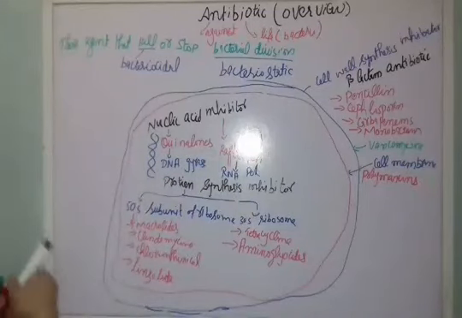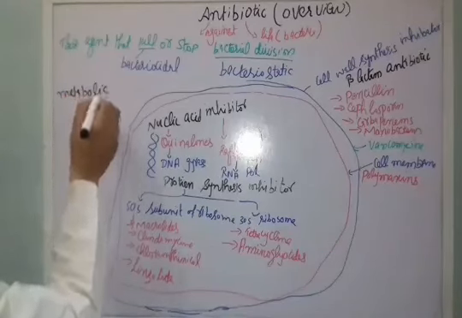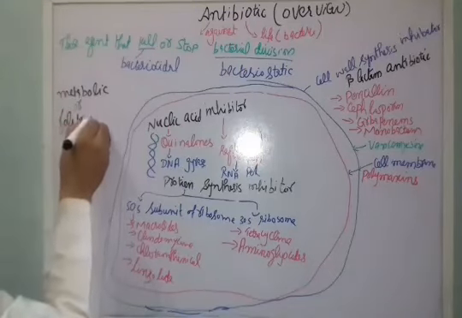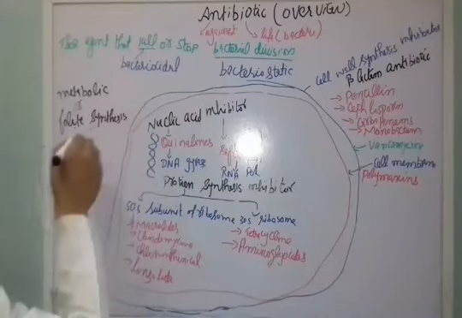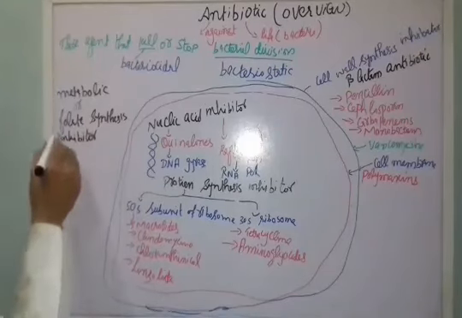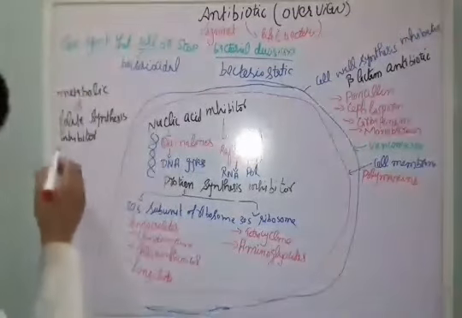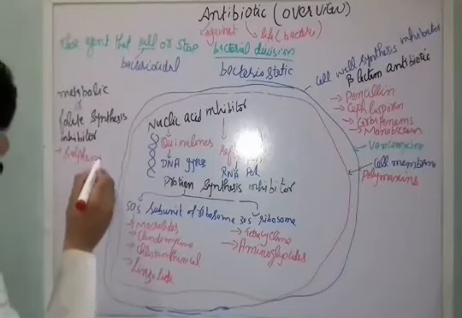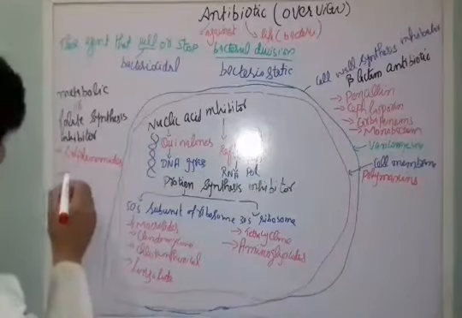The drugs which are used for metabolic or folate synthesis inhibition, we usually call the first drug sulfonamides, and the second drug is trimethoprim.